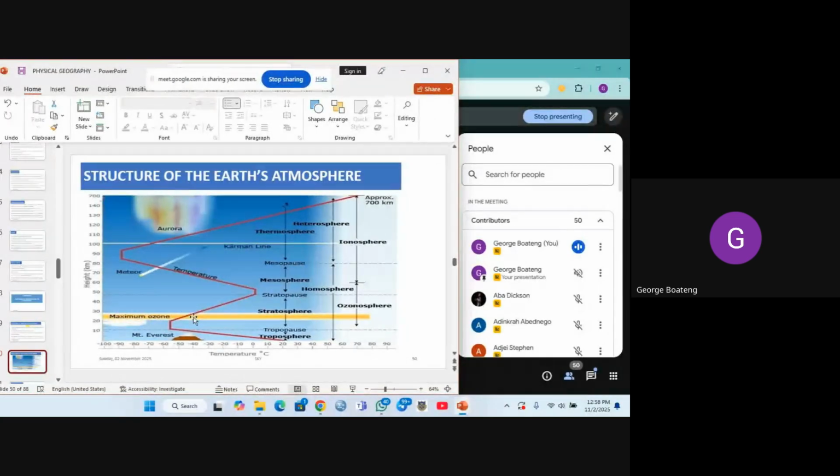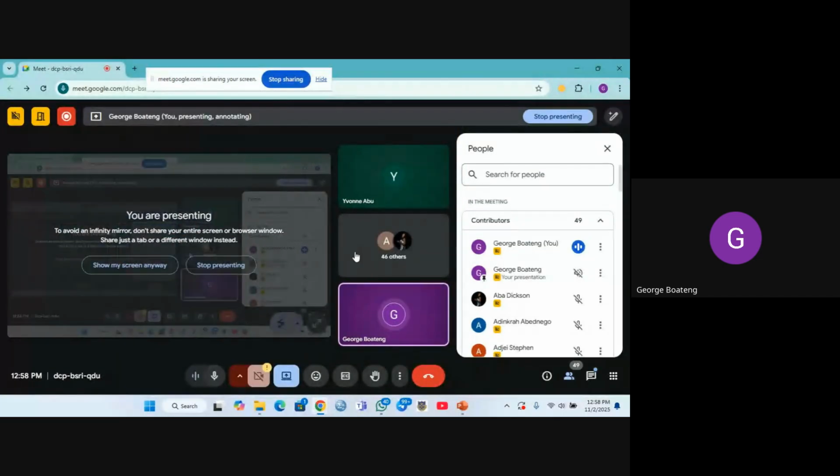It is just a small zone, from 0 to about 12 kilometers upwards. Just about 10 to 12 kilometers. Some places have only 8 kilometers, depending on where you find yourself on the Earth's surface. That's where all weather activities occur.